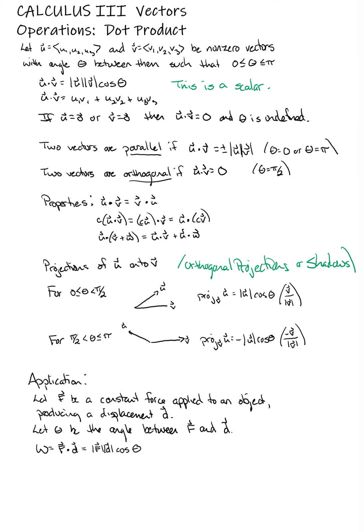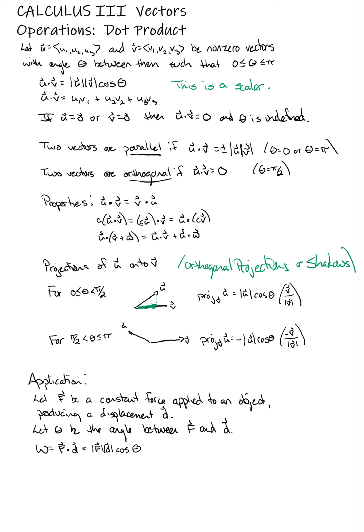Let's see, if our angle is between 0 and pi over 2, then our projection, just so you see what that looks like, I have u and v, and the projection of u onto v is sort of like its shadow down here. So I could just think of dropping that u vector down onto v, and that is the projection.